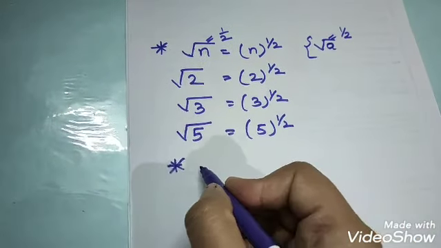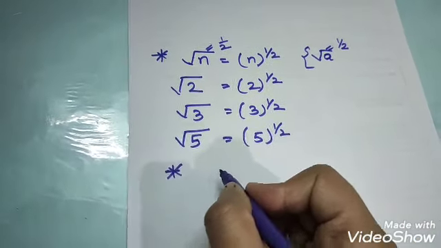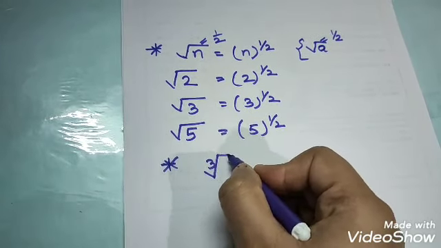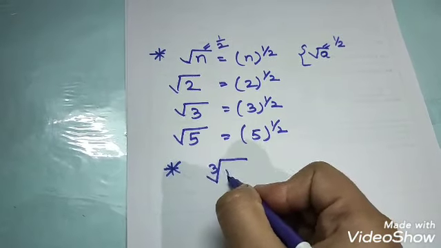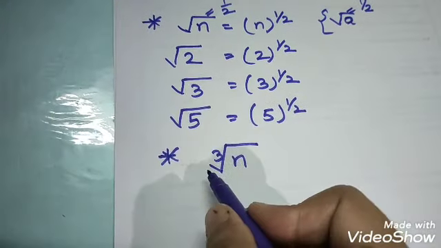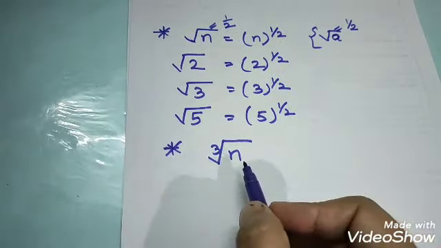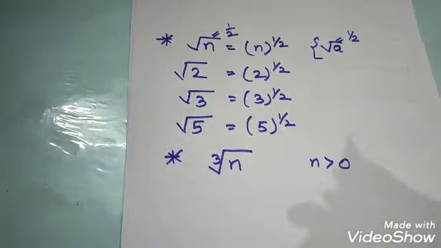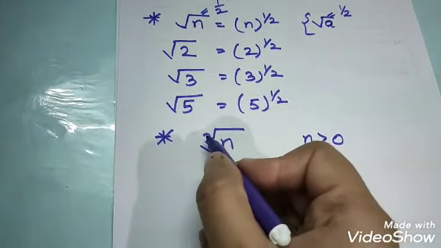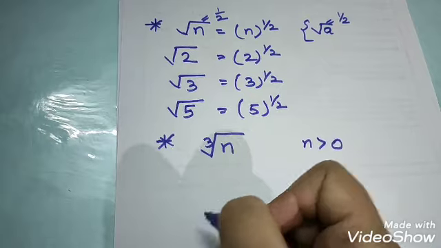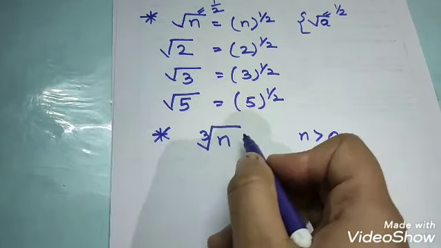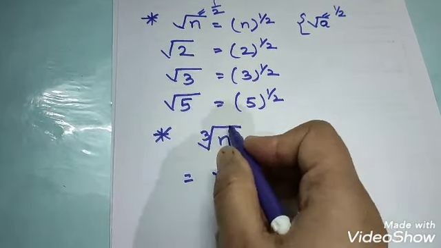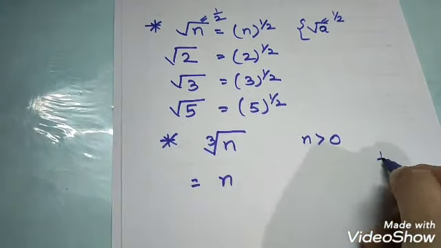So now you know this square root means to the power 1 by 2. Now suppose I am writing the 3rd root of n, where n is any positive integer. That means it is a cube root of n, which can be written as n to the power... We know that this root means 1 by 2.